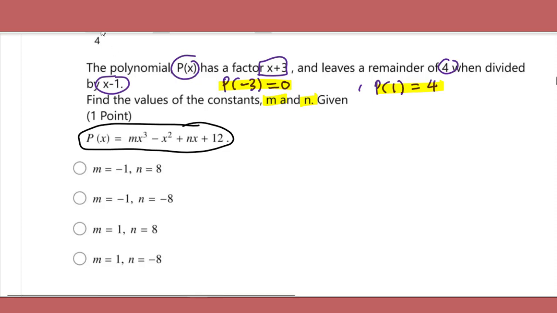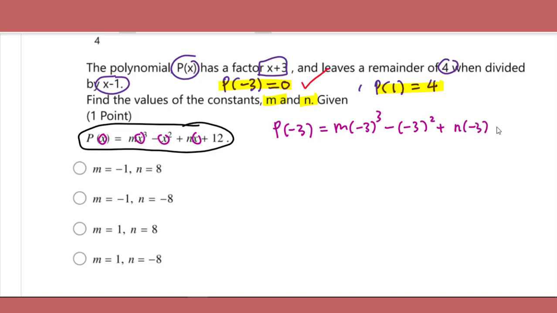So the first one is P of negative 3 is equal to 0. Okay, so substitute, replace all this variable by negative 3. P of negative 3 is equal to m times negative 3 cubed minus negative 3 squared plus n times negative 3 plus 12 is equal to 0.